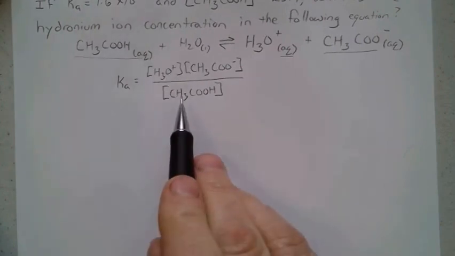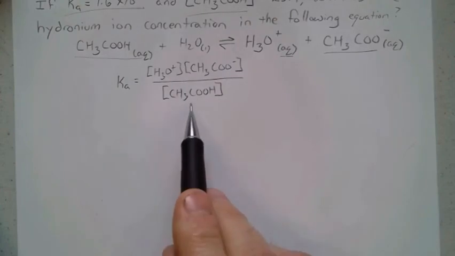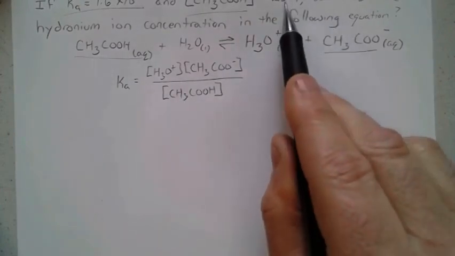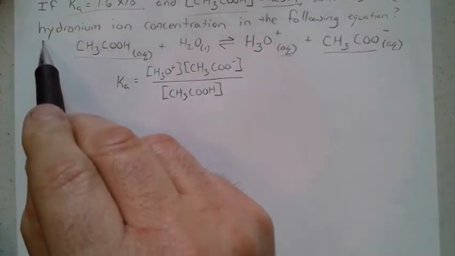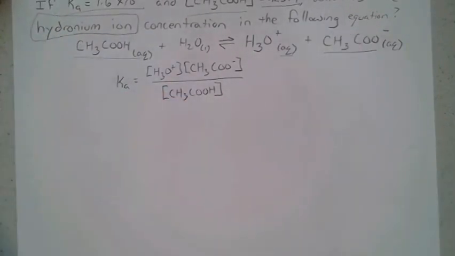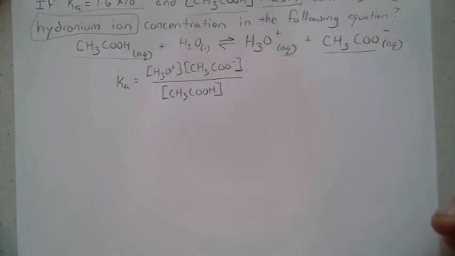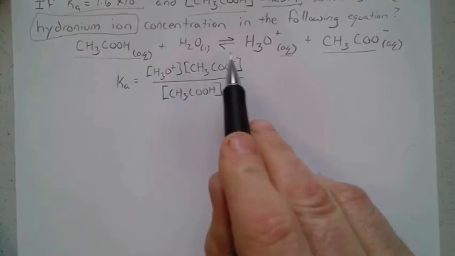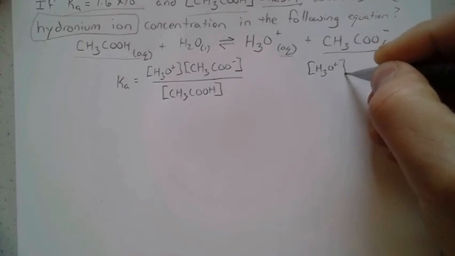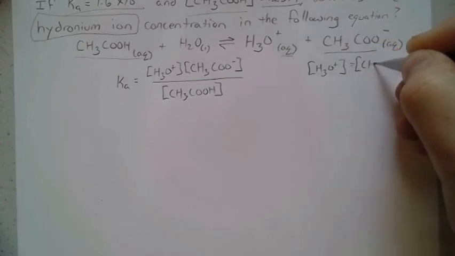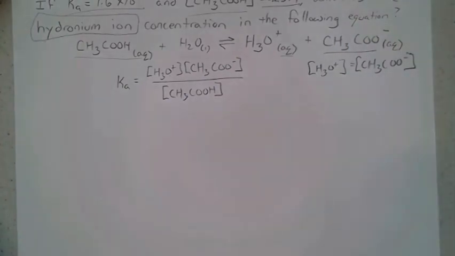Now, in this case, I have the Ka and I have the acid concentration, and I'm trying to find the hydronium ion concentration. So I'm trying to find this guy. Now, if you remember, since these dissociate in a 1-to-1 ratio, the concentration of hydronium is going to be equal to the concentration of the acetate ion.